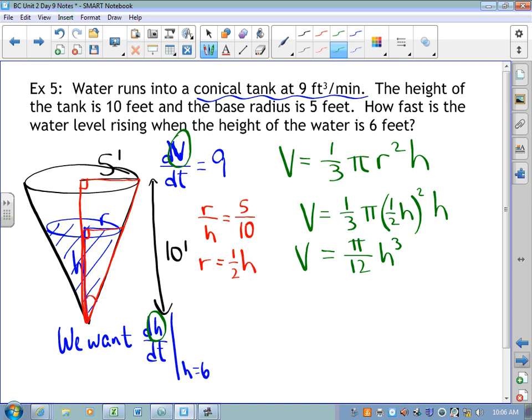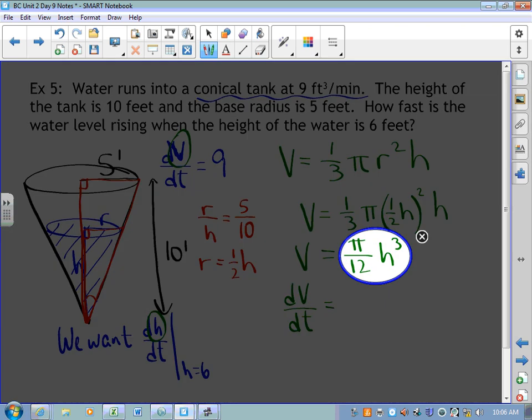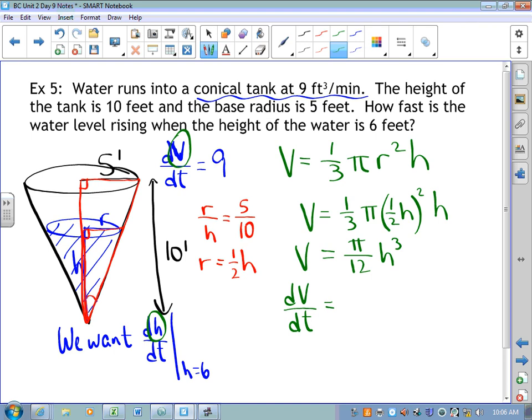Now our problem is much more doable. Looking for the derivative of volume with respect to time. The derivative of volume with respect to time is the derivative of this thing with respect to time, and that 3 comes down in front, gets multiplied by the pi over 12. That's pi over 4.